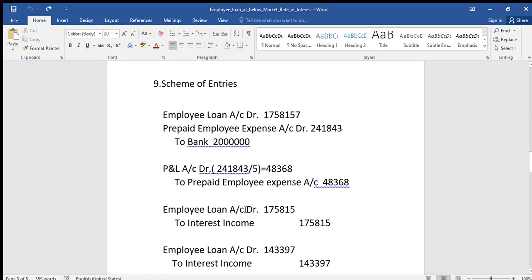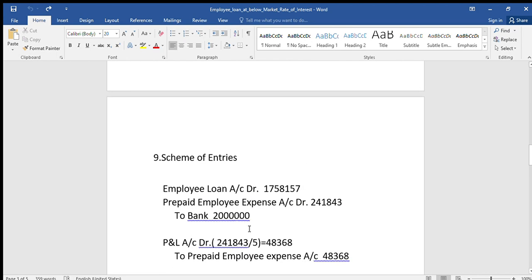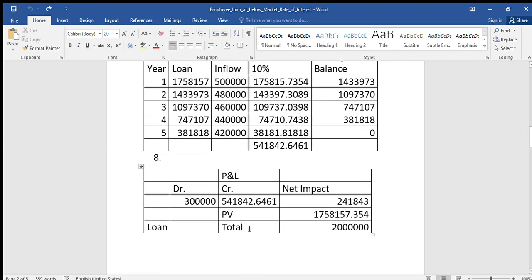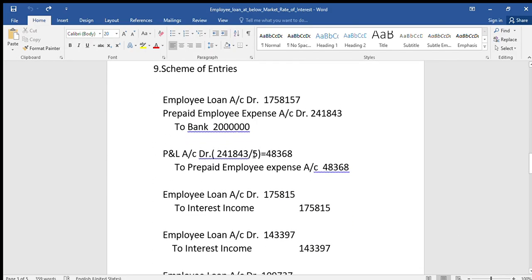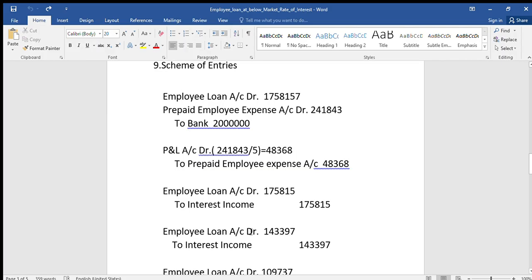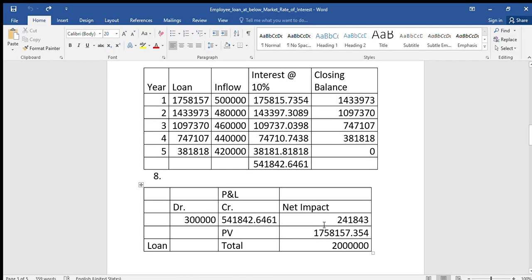Employee loan account debit 175,815 to interest income 175,815. In year 2, the 10% interest amount is 143,397, so the employee loan account would be debited 143,397 to interest income account 143,397.